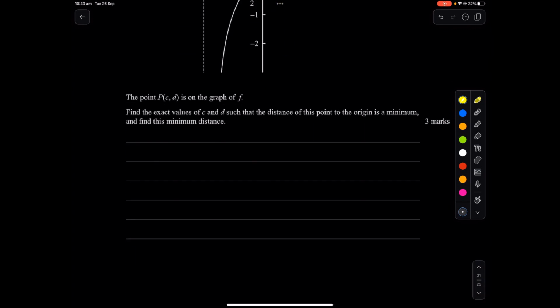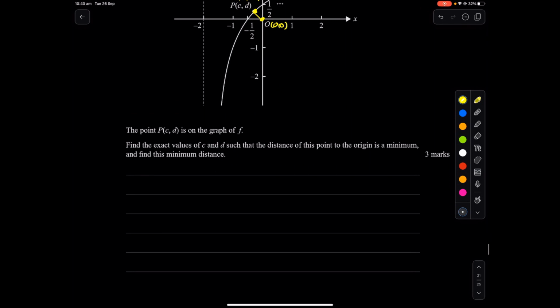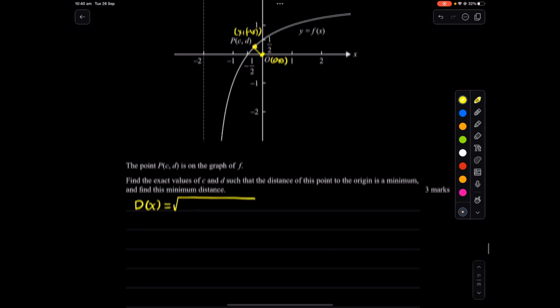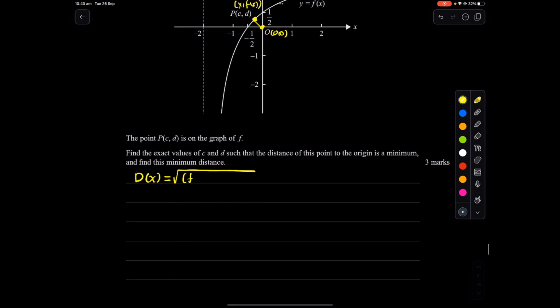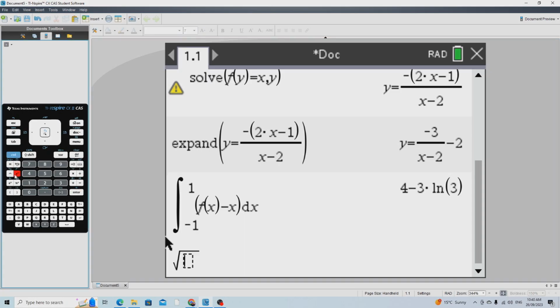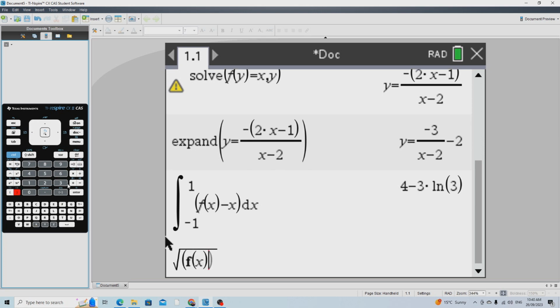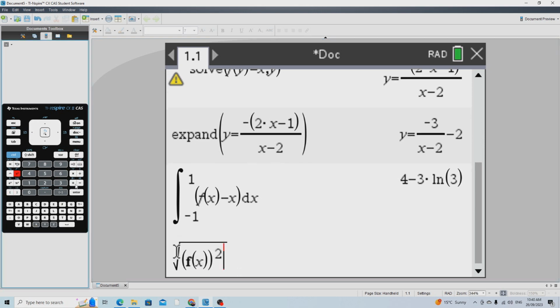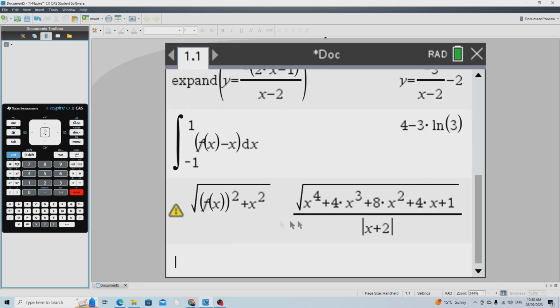So what we're going to do is just calculate distance. So the distance formula in terms of x is just the square root of f of x minus 0, squared, plus x minus 0, so it's just x squared. So we're saying the square root of f of x squared plus x squared. And it gives us, yuck, this equation.